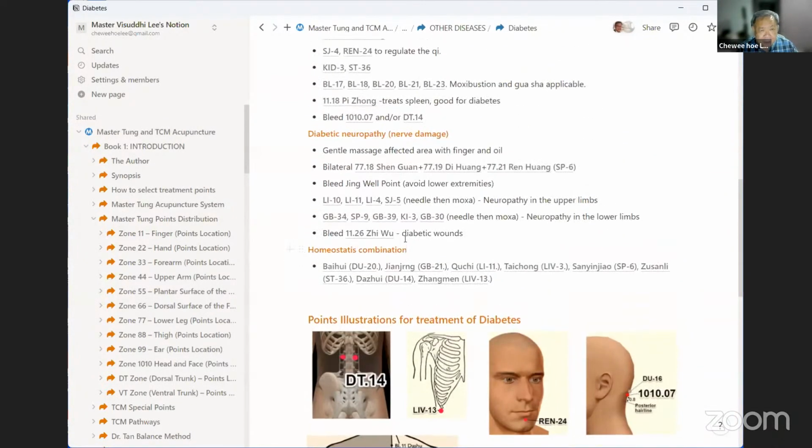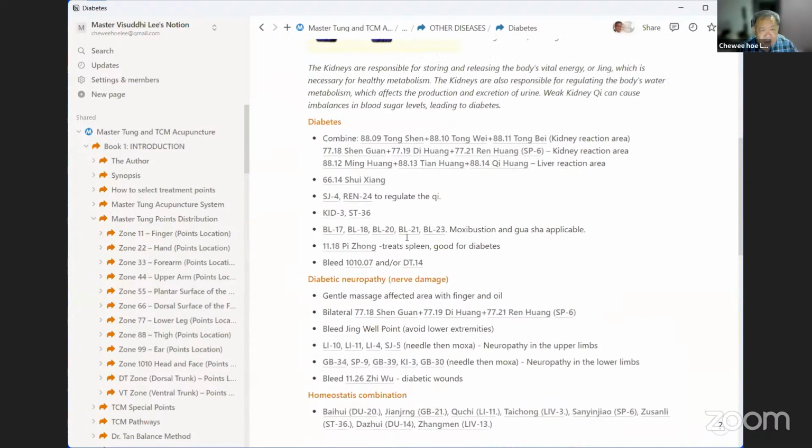Then you want to have more details. Example here: combine 8809, 8810, 8811. 88 means at the thigh. When you are having a physical book, you then go to book 2, the points book, to find out the details about 8809.